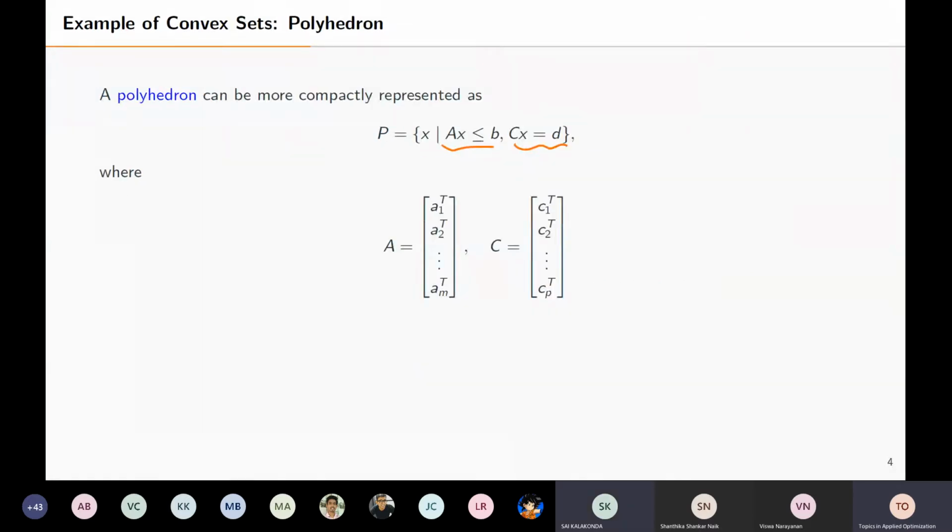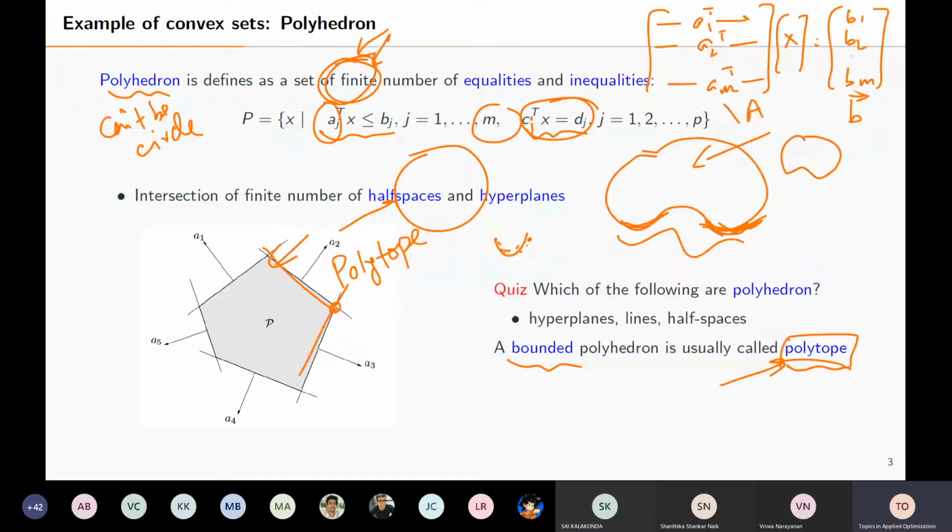Okay. So can we have zero hyperplanes or half spaces? Can we have zero hyperplanes? Yes, in this case we can disregard this. Let us say half spaces and hyperplanes, and we can take only half spaces, so that you are allowed. But if you take both 0, then it's an empty set, right?